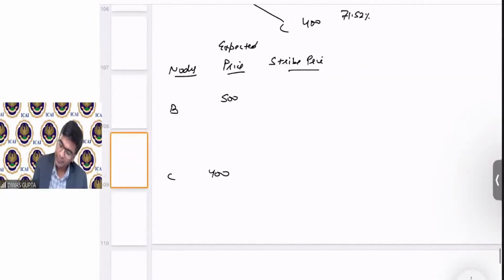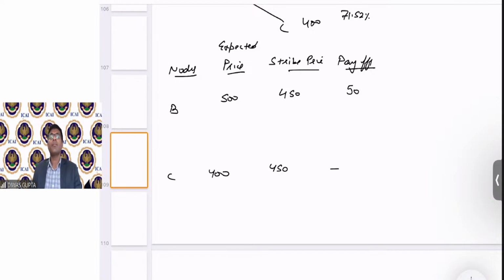Yes. 450 in both the cases. The payoffs will be 50 here and nil here. Correct, students? The expected price for that equity share is 500. The value of that call option will be 50 if the strike price is 450 because the expected price is already higher than the strike price.